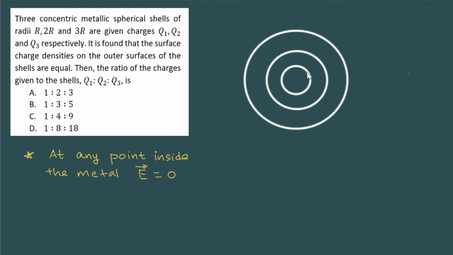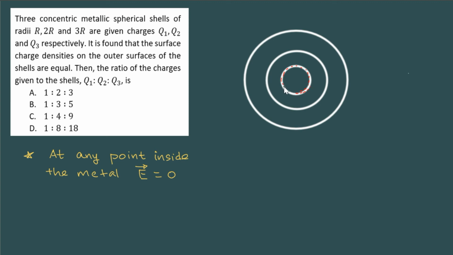If I take any point inside the innermost shell, the electric field must be zero, so the electric flux must be zero. Imagine a sphere inside that metal.